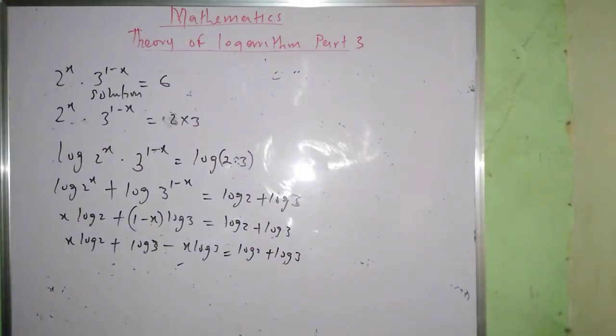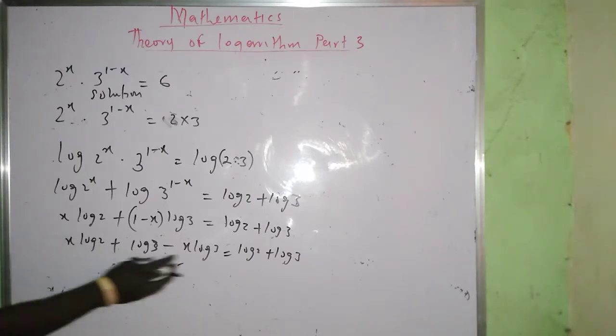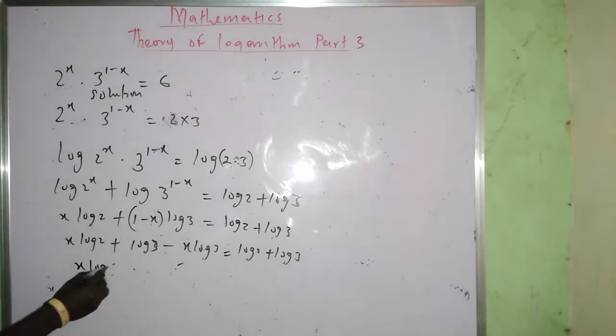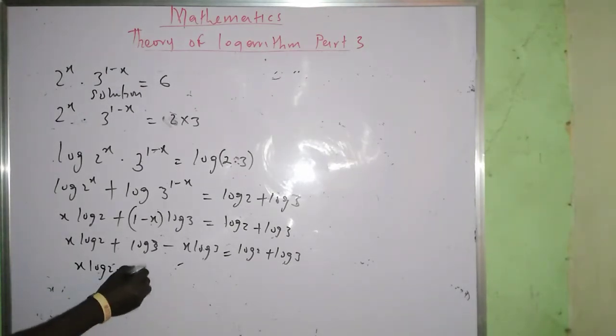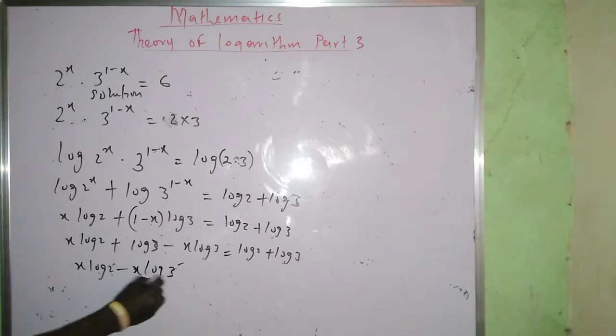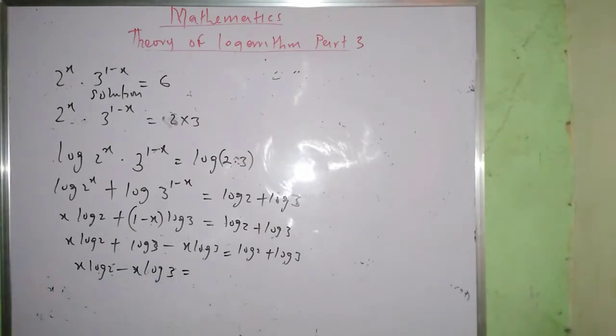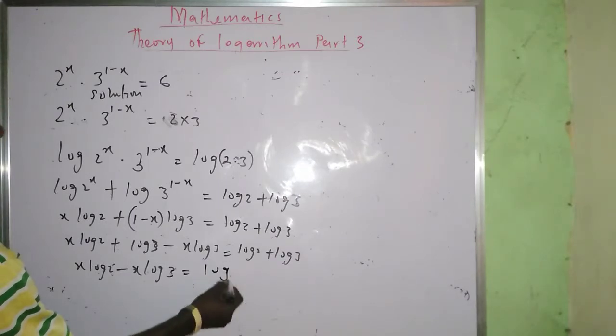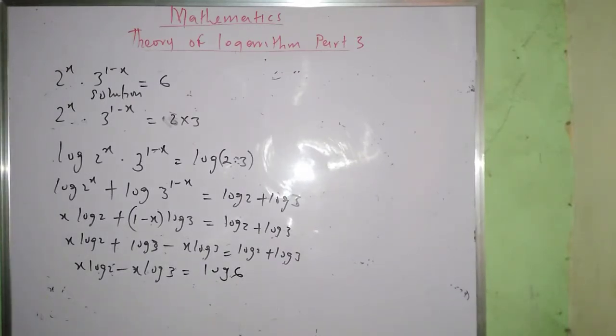Now, if I want to go again, this is my x, this is my x. I can say that my x log 2 minus x log 3 equals log... If I like, I can call it log 6. I don't need to stress myself.